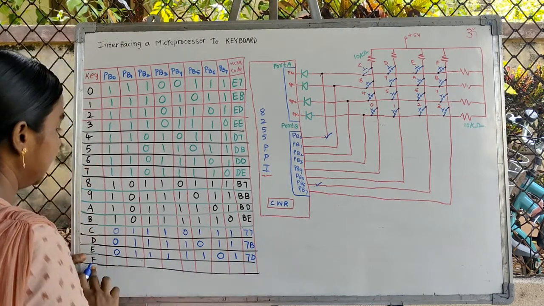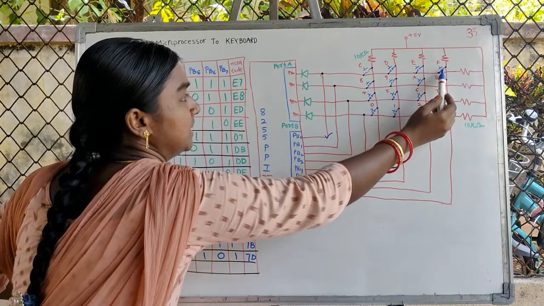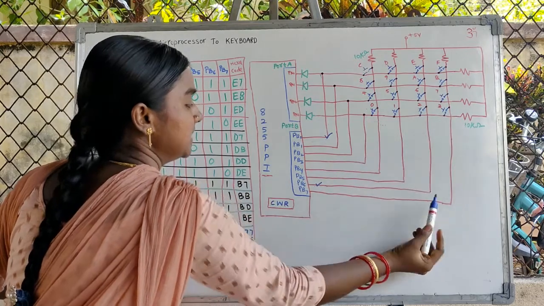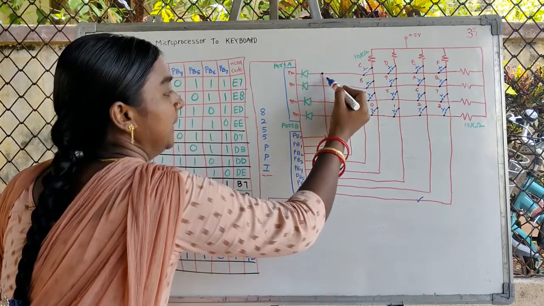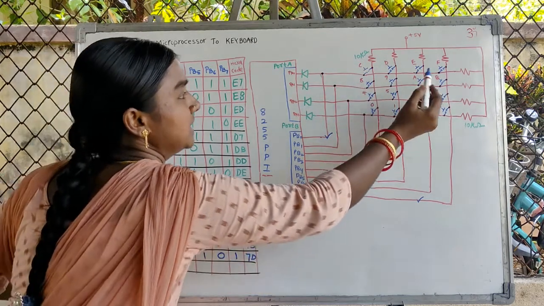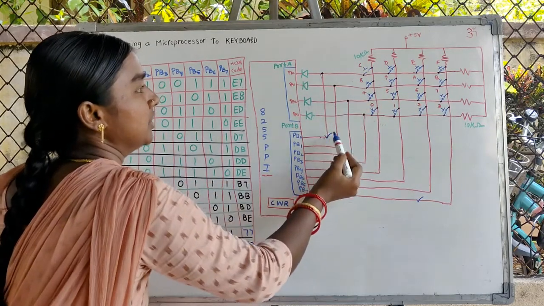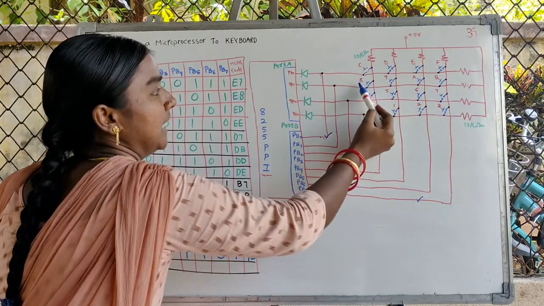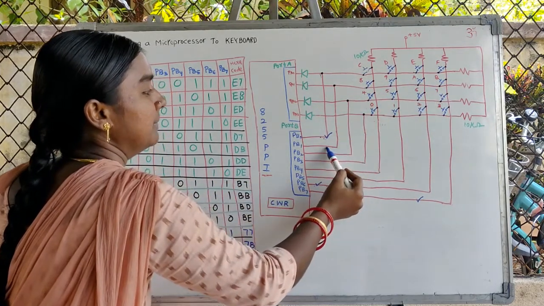If we press the key F as shown in this configuration, this switch F is connected with the lines PB7 and PB0, which is common as before. Totally, this row is connected with PB0. The second row, the 8th switch, 9th switch, A switch, B switch, is connected with the PB1 line.